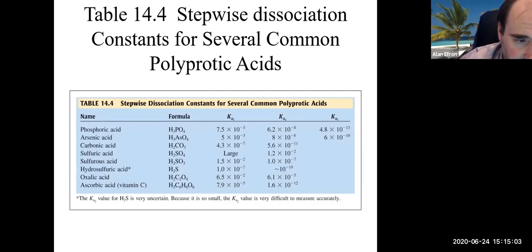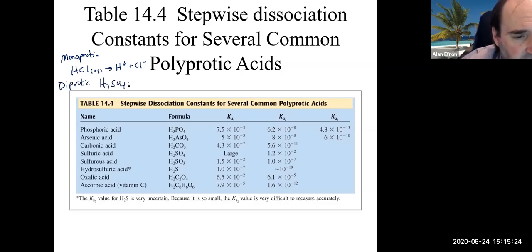There are monoprotic acids, like we've been talking about a lot of them, which is like your HCl. When it breaks apart, you get one H plus and Cl minus. There are diprotic acids, which have two H pluses, so H2SO4, for example. Sulfuric acid is an example of that. As we talked about when we were doing conjugate acid base pairs, these do come off one at a time.